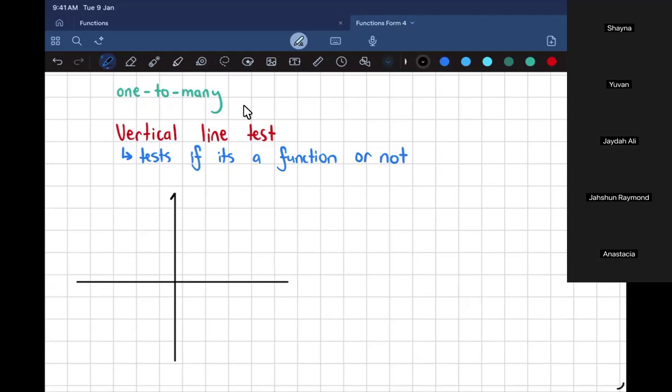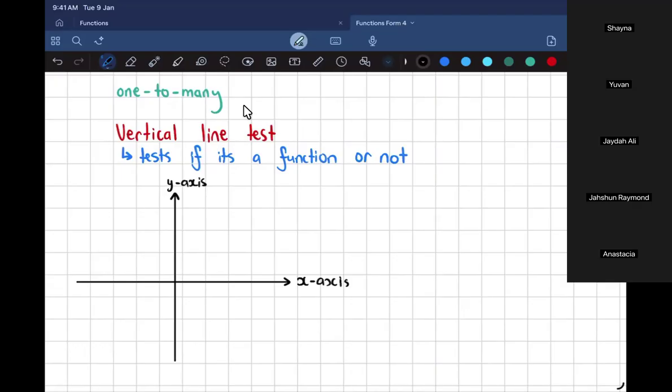I would call this the what axis? Somebody tell me what the vertical axis is called. What do I call the vertical axis? The y-axis or the x-axis? X. No, the vertical axis is called the y-axis. The horizontal axis is called the x-axis. Don't forget that. Don't mix that up, please.